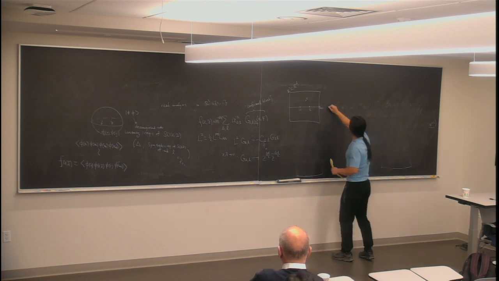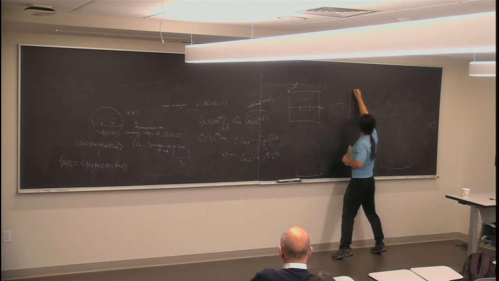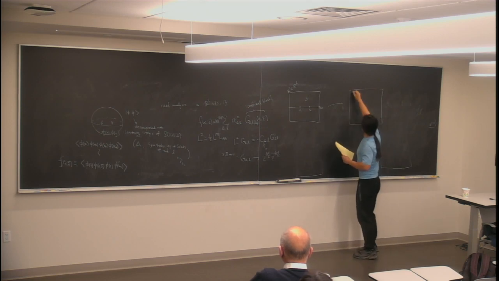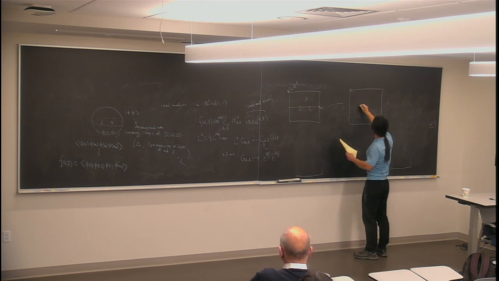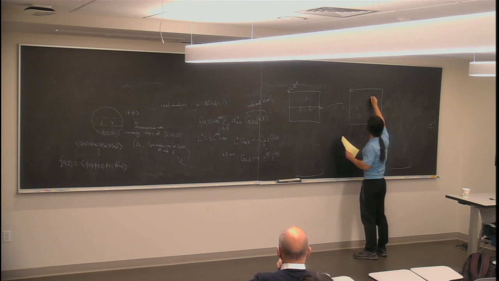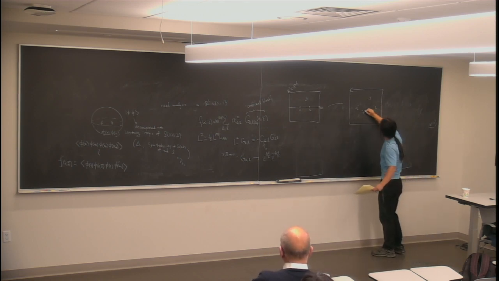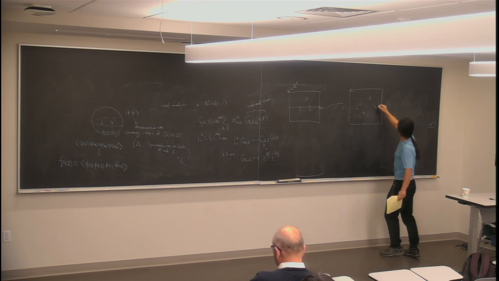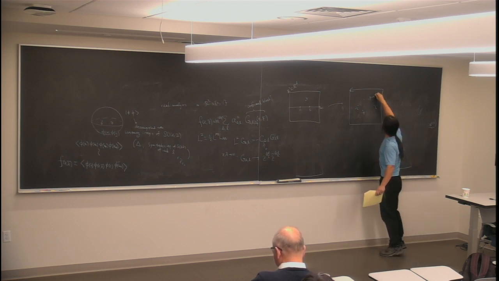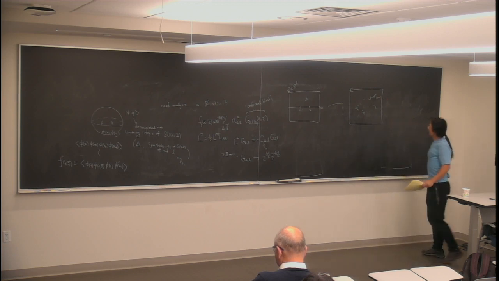You can map this by a conformal transformation to a different configuration, where I think of this as the complex plane, and I put the 4 points at 1, minus 1, rho, and minus rho. So this lives on some small circle. This rho you can write as some r e to the i theta, where r is less than 1, like so.